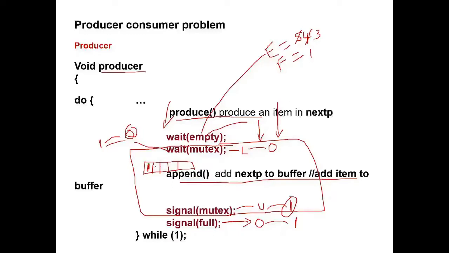Then it adds the item to the slot and releases the lock. It makes the semaphore mutex value 1 again, and then it is going to execute signal of full. Signal will always increment the value, so from 1 it becomes 2. So now we have 2 slots filled, 3 slots empty and 2 slots full.